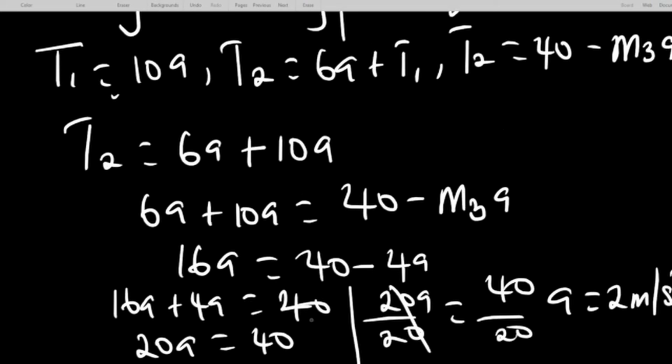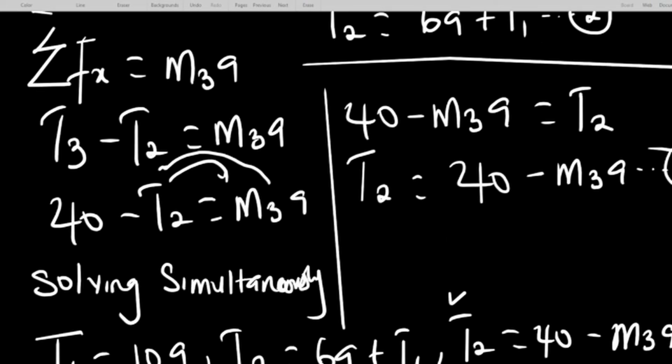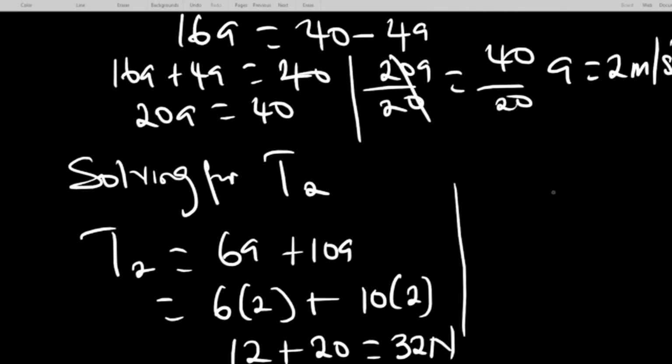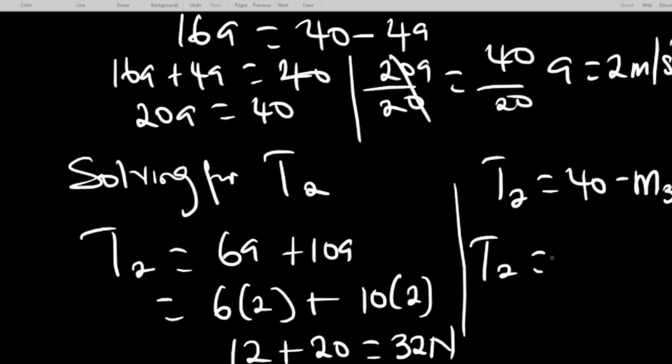We can also confirm using another equation. Here we have that T2 is equal to 40 minus M3A. So T2 is equal to 40 minus, our M3 is 4, our A is 2.